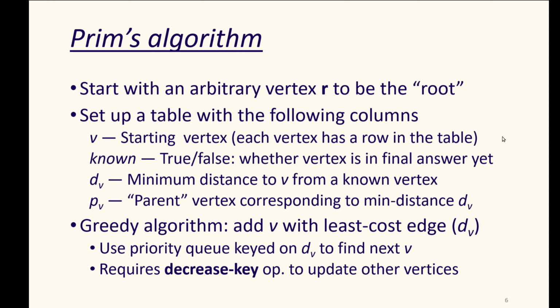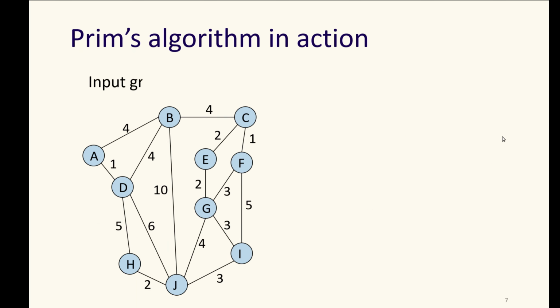It does require one of those operations in a priority queue or in a heap that we didn't use quite as often so far, and that is to be able to decrease the key. When we find a shorter route to something, we need to be able to decrease the key that's associated with it, the cost that's associated with it, and update the vertices inside of that priority queue.